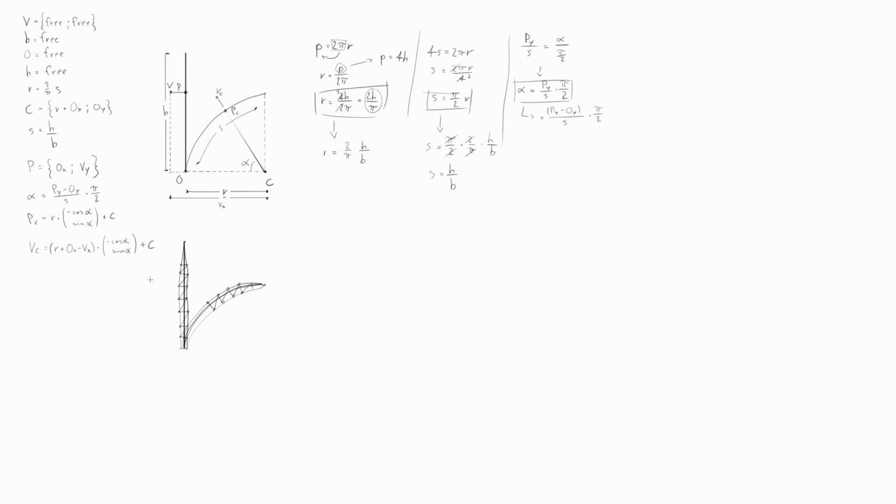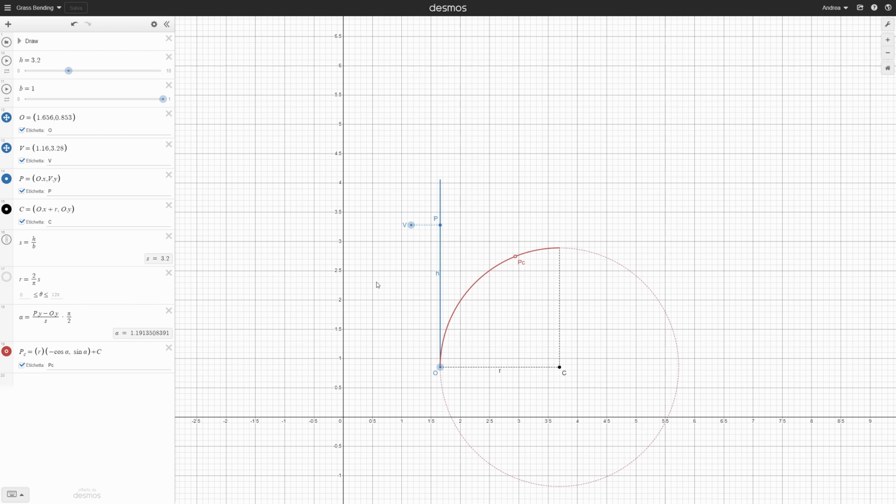Moreover, we immediately realize that we don't need P and PC anymore, since we're just interested in the final vertex position, and there's nothing that needs them to be calculated. Let's update the graph once again.